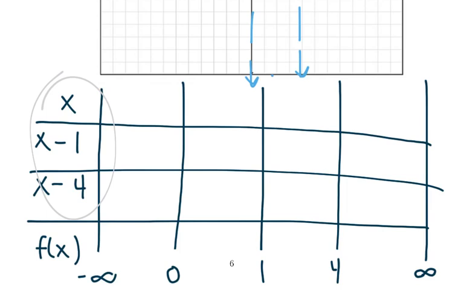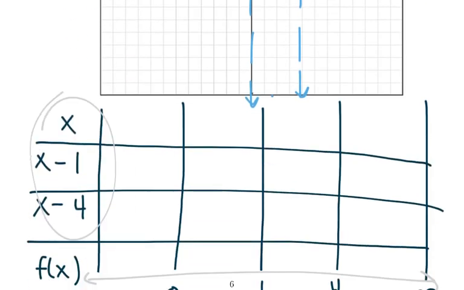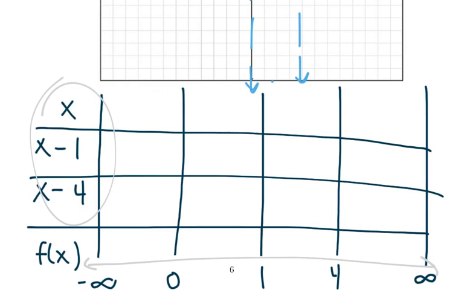Okay, and then along the bottom, we do a number line. You don't actually have to draw a number line. I usually don't, but we're doing a number line here from negative infinity to infinity, and we're putting on it the places where the x-axis is crossed. And we can see that that's at 0, 1, and 4. So that's why those are our numbers down at the bottom.